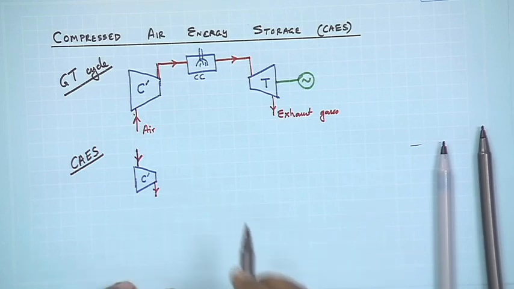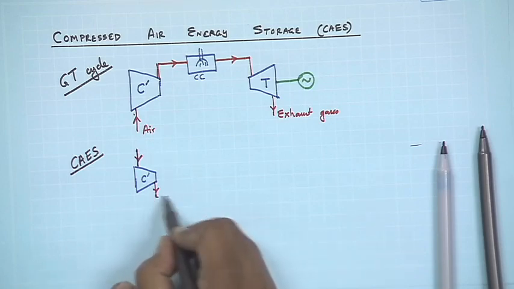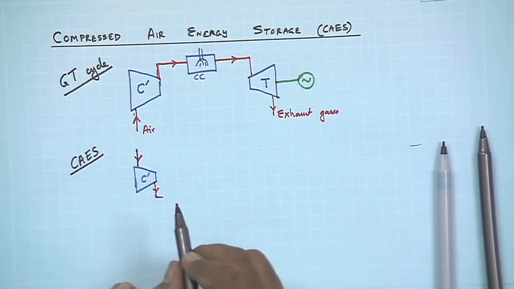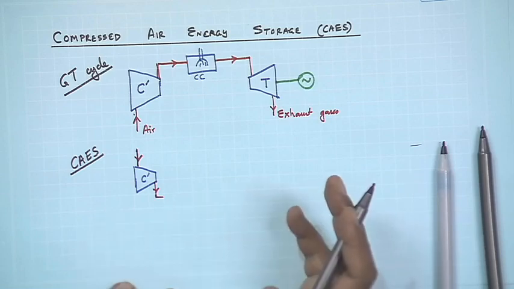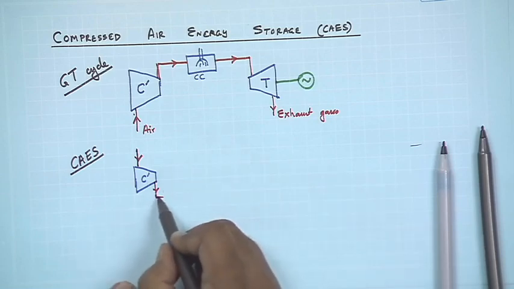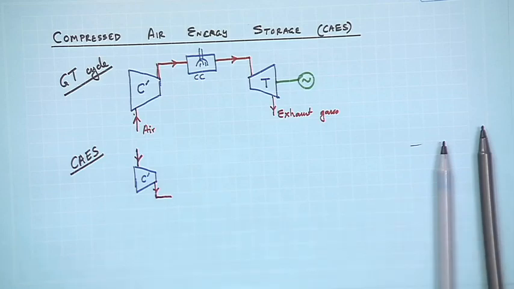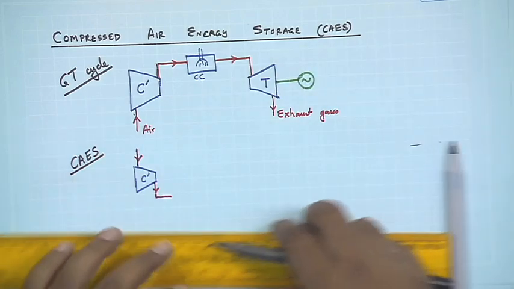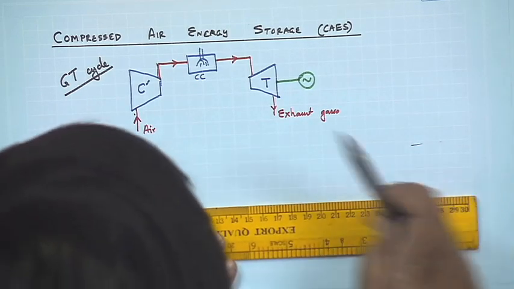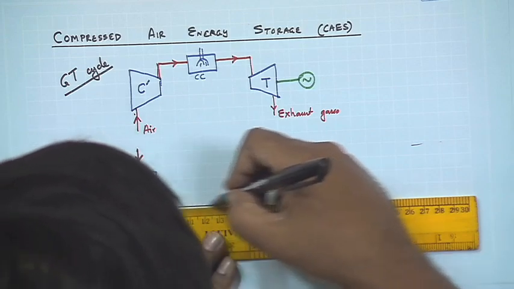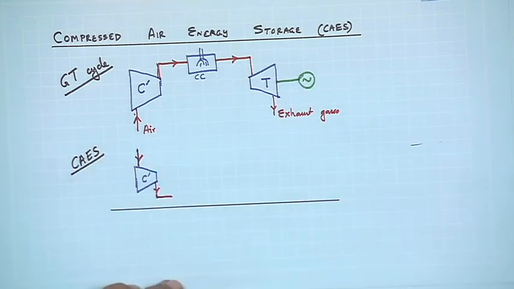But next, this is not fed to a combustion chamber like in a gas turbine. Instead, I am going to draw something and then explain to you. Let us say this is my ground.